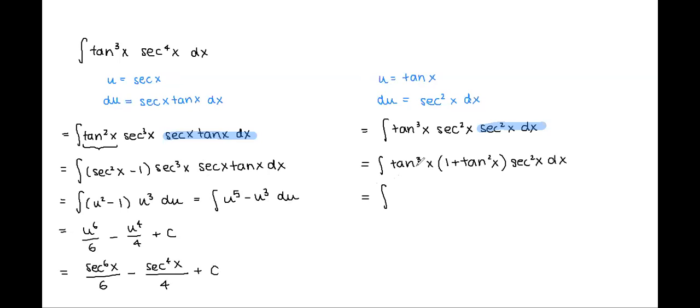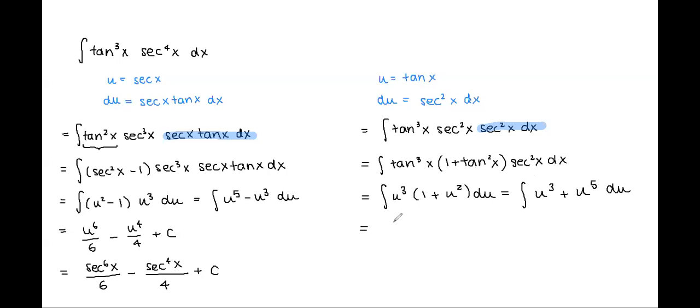Okay. So then for the second one, if I replace u by tangent of x, I'm going to end up with u to the power of 3 times 1 plus tangent squared, which is u squared, and secant squared of x dx becomes du, which means that I can rewrite this as the integral of u to the power of 3 plus u to the power of 5 du.